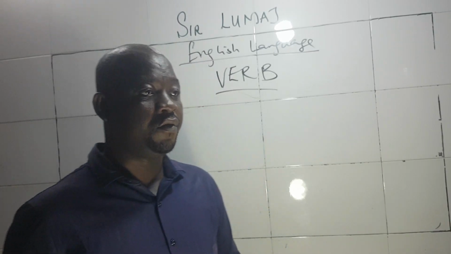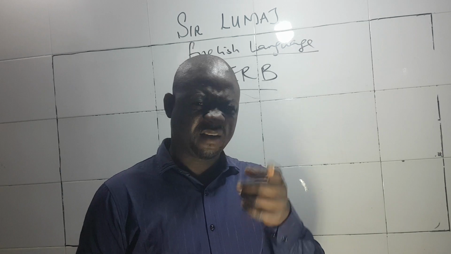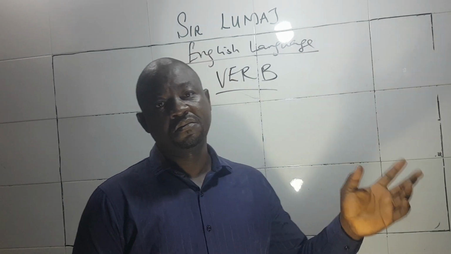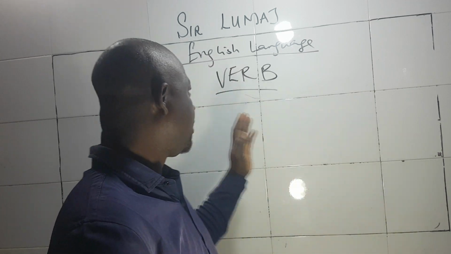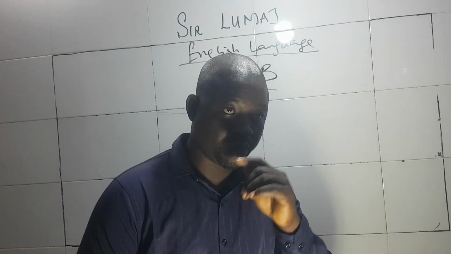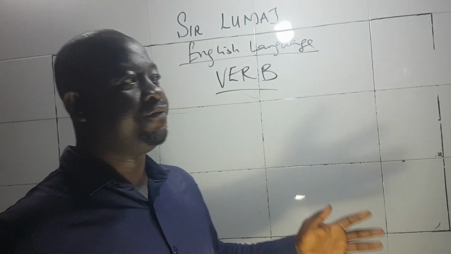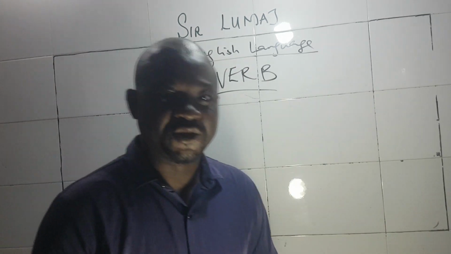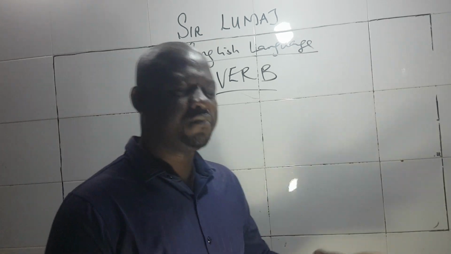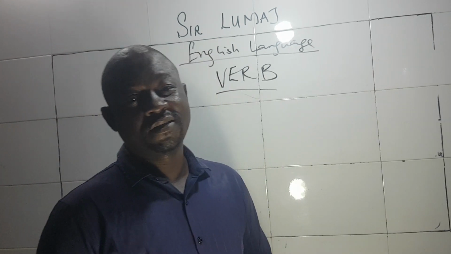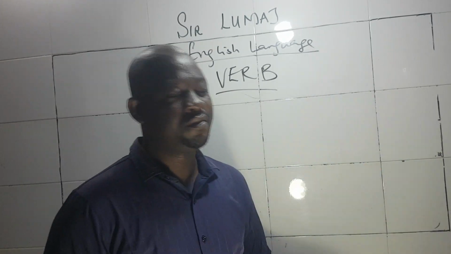In other videos I talked about noun, pronoun, adjective. So we have verb. If they ask you what is a verb from elementary school, we say verb is an action word, verb is a doing word. You don't need all that. Today I'm going to expose everything to you.